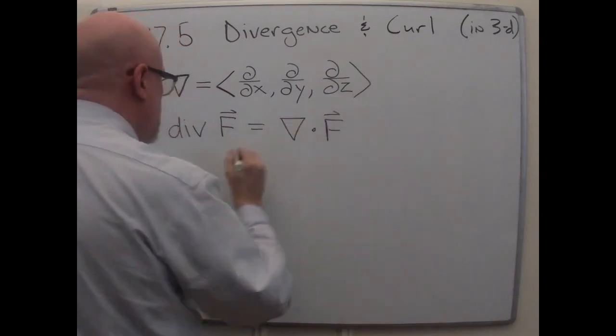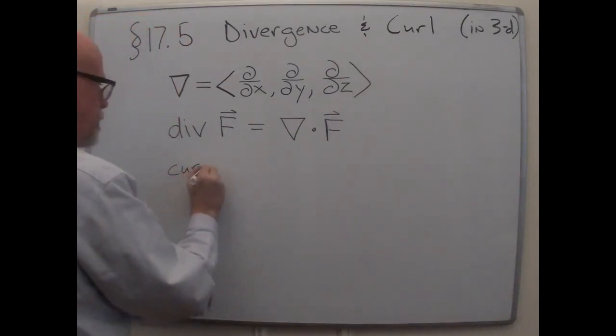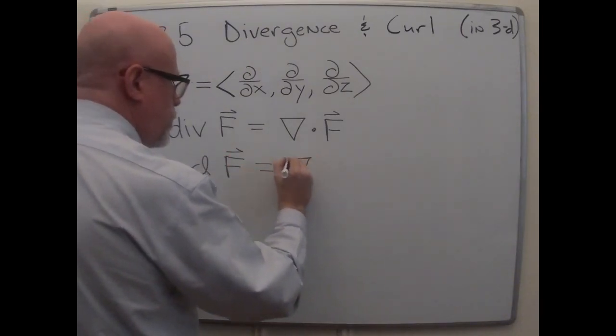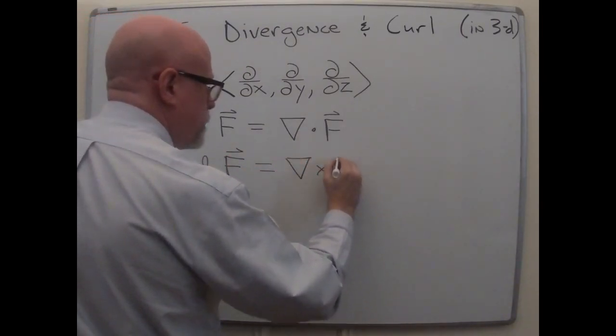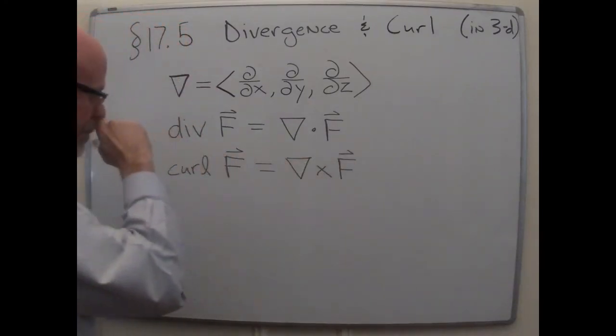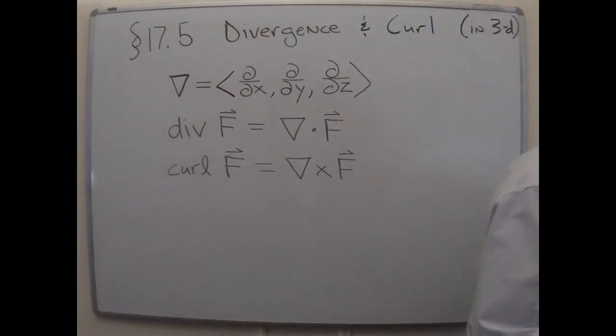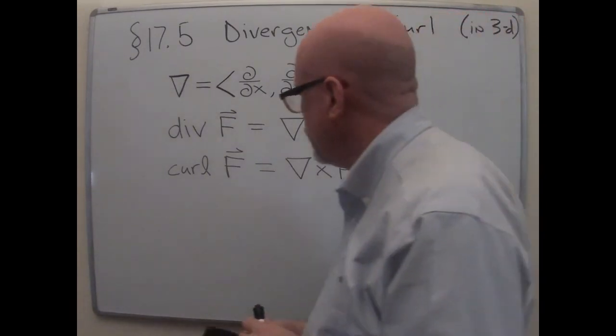The curl of the field f, that's del crossed with f. I'm going to put this to use in a couple of interesting calculations.